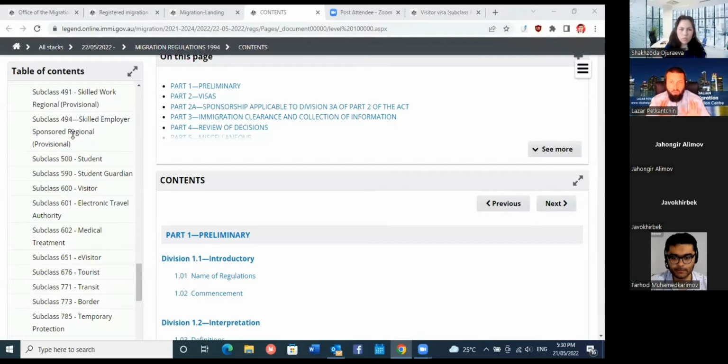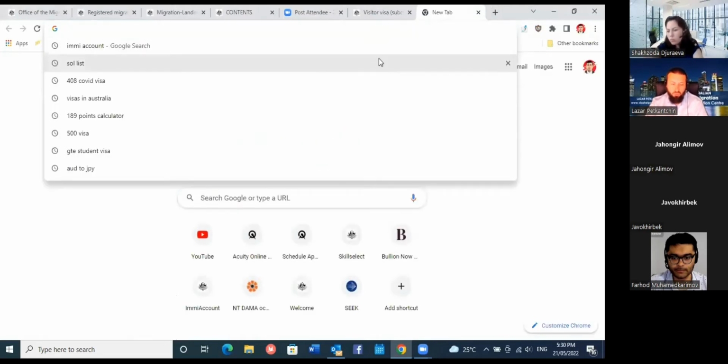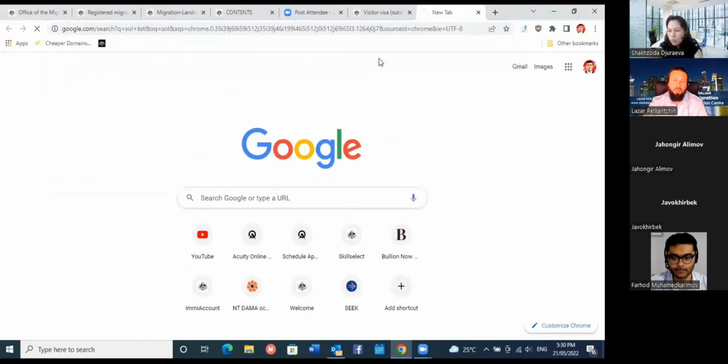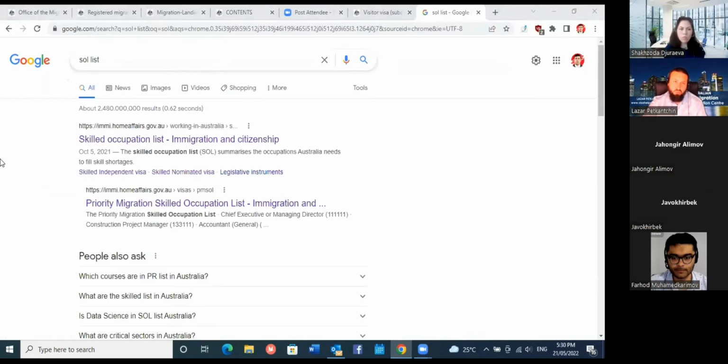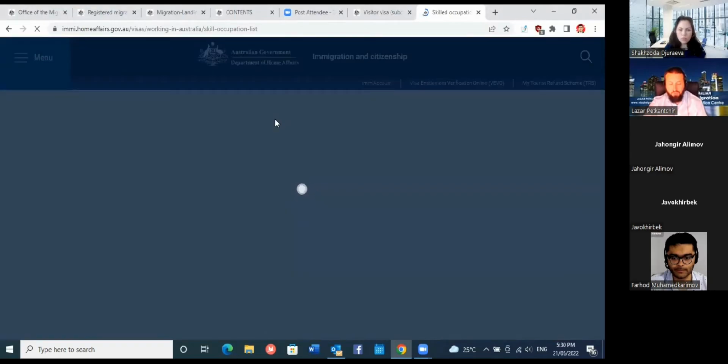You have two types, or more than two types, but you have skilled independent visas. Now I'll share my screen with you so you can understand what I'm referring to. And I can only give you general information here. So you have your skilled independent visas, where you apply based on the amount of points you manage to accrue.